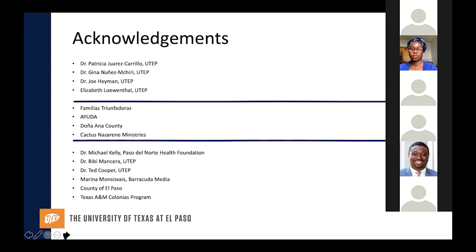We have collective messaging from different multi-sector organizations, and we strongly believe that this will strengthen our message and promote trust. We are so excited to be part of this National COVID-19 Resiliency Network and contributing to this important work. A round of applause to all of the partners that have been part of this showcase. Thank you so much. Muchas gracias.